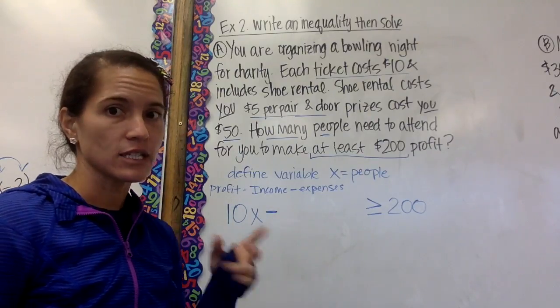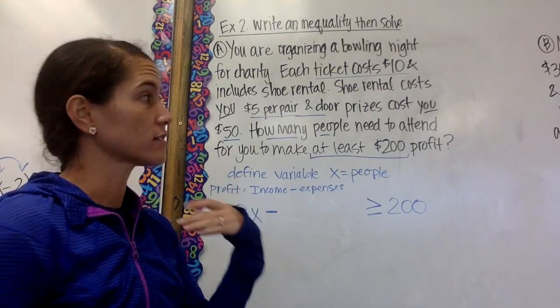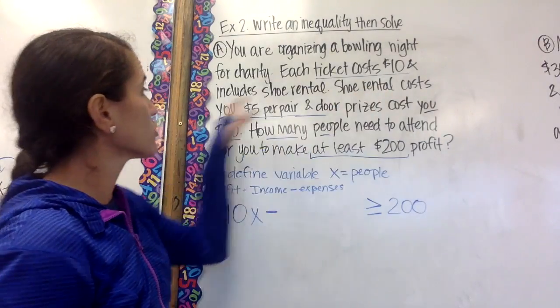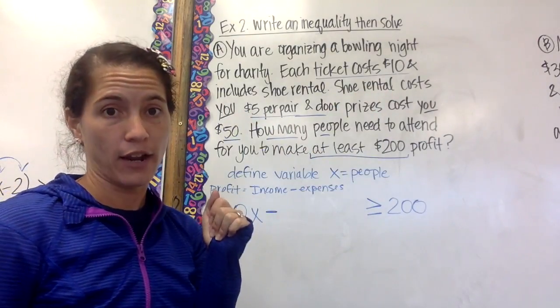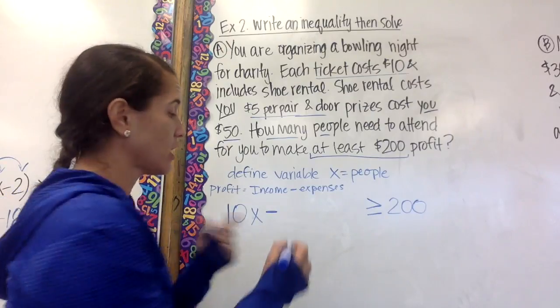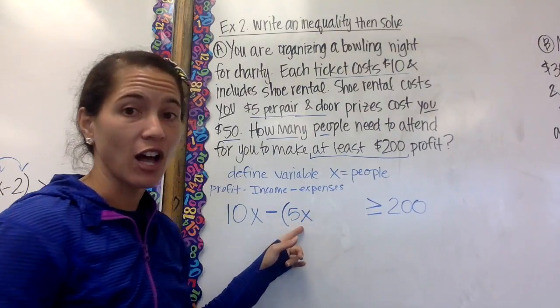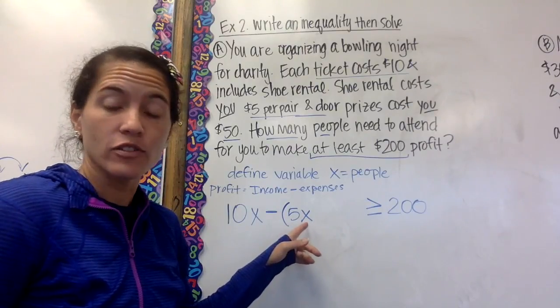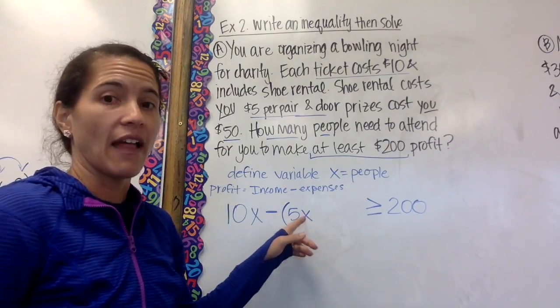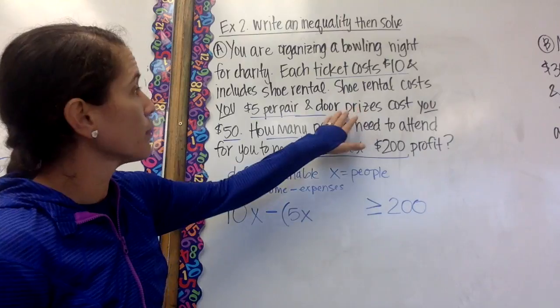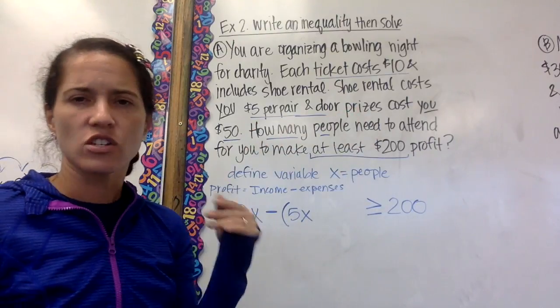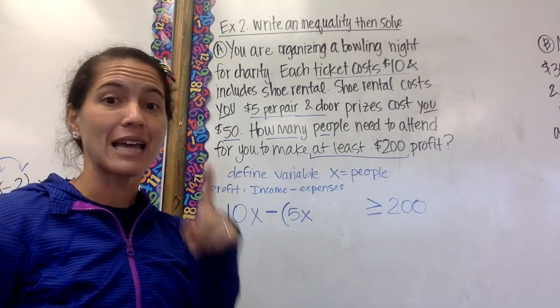Now our expenses, we have to pay out two things. Number one, shoe rental cost us $5 a pair. So we have to pay that $5 times however many pairs of shoes, people coming. And then we paid for door prizes. So my question is, should the door prizes be times the number of people?